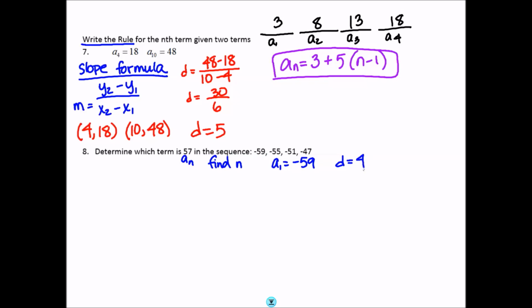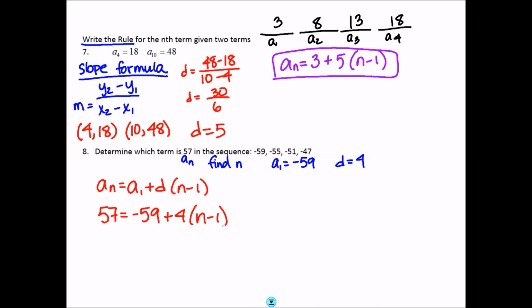So we're going to use the formula. We have a sub n equals a sub 1 plus d times n minus 1. We want to plug 57 in for a sub n, negative 59 in for a sub 1, 4 in for d, and we want to solve for n.